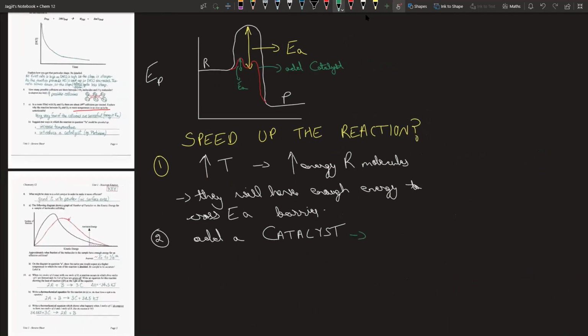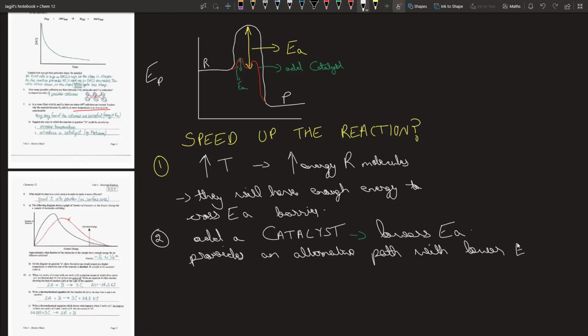Or in other words, you can say it lowers EA, the activation energy, or you can say it provides an alternative path with lower activation energy, a lower EA barrier.